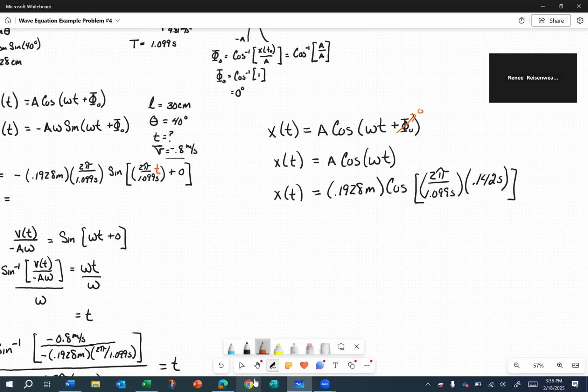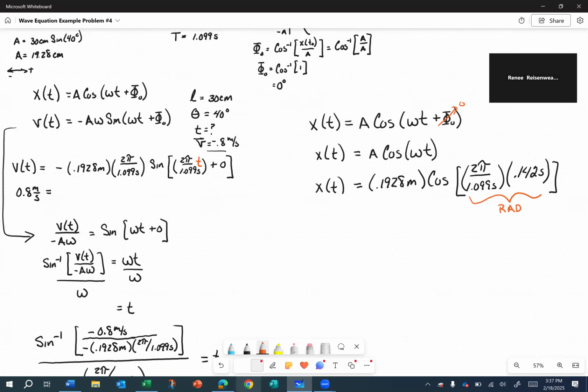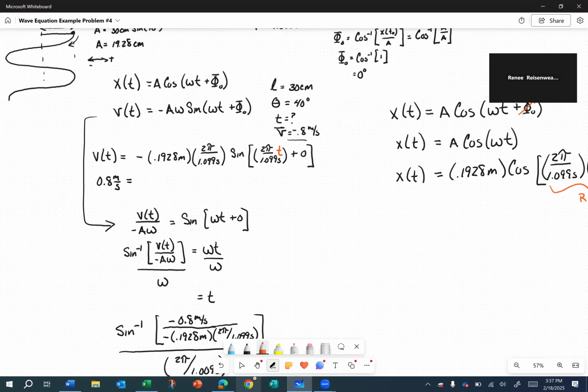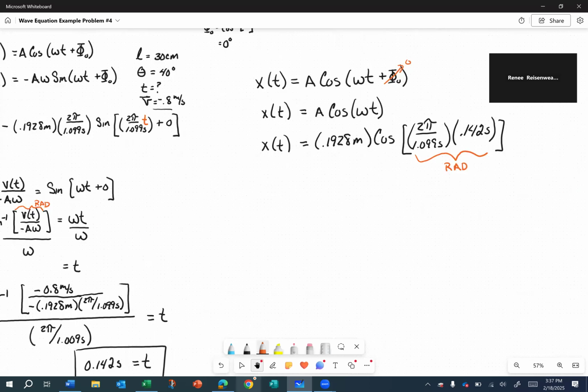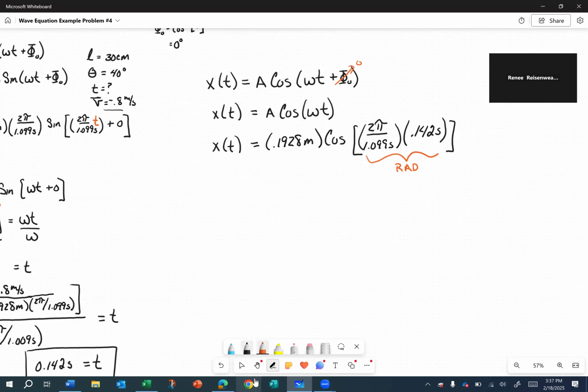Remember that this has to be in radians, so you are in radian mode here. You also should be in radian mode over here when you take the inverse sine. So make sure your calculator is in radian mode. I apologize for just now picking up on that. Make sure you had your calculator in the right mode as you are solving for these variables.